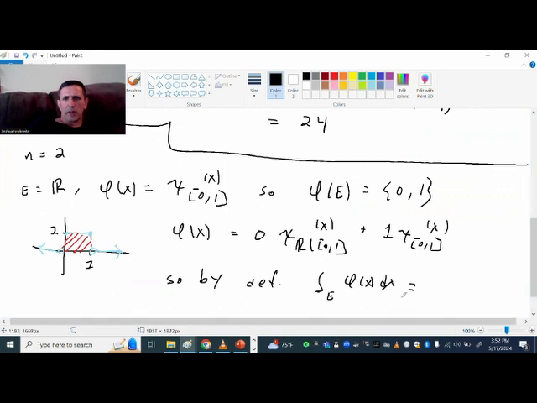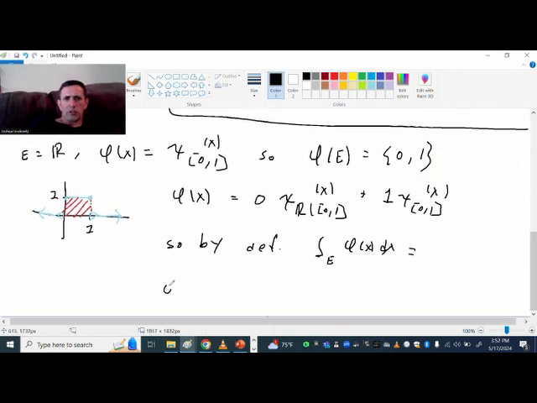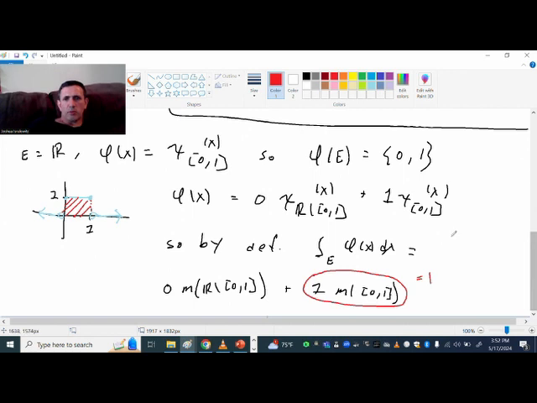We have 0 times the measure of R take away 0, 1. Obviously, it's infinite measure. Plus 1 times the measure of 0 to 1. Obviously, it's 1 times 1, which is 1.